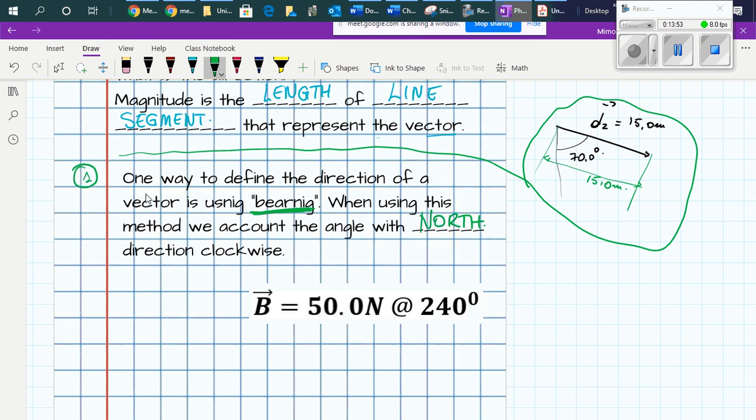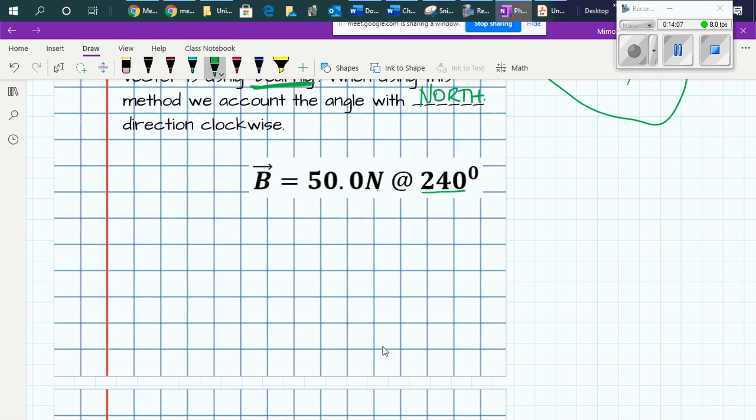So if we have a vector that is 50 newtons at 240 degrees of bearing, then what we are doing is, this is the north axis, and then 240 degrees with the north axis in the clockwise direction will be somewhere in here.